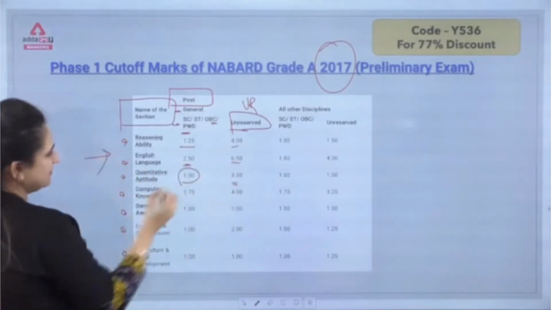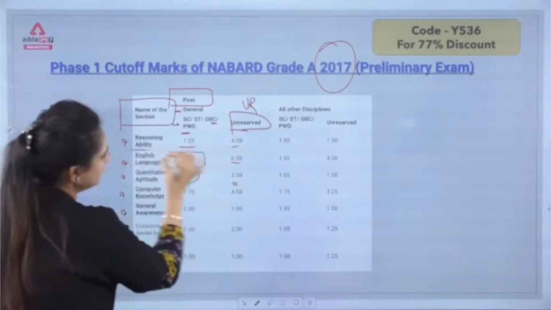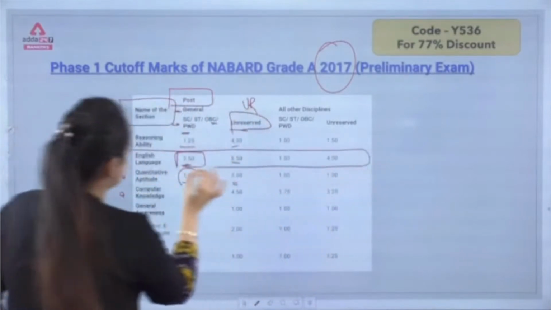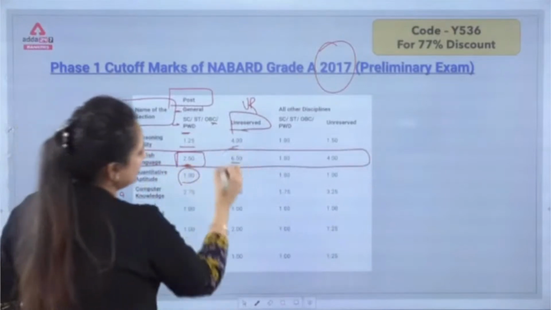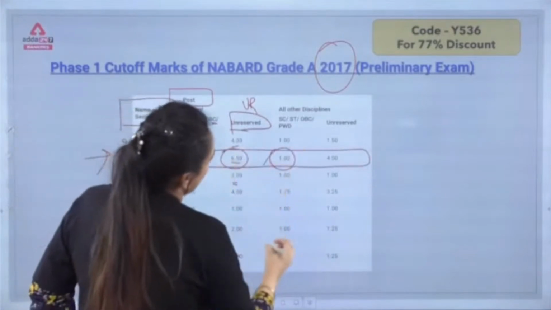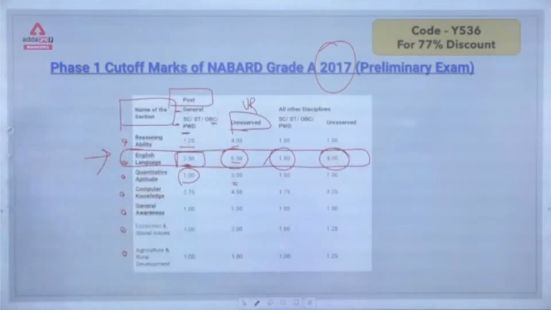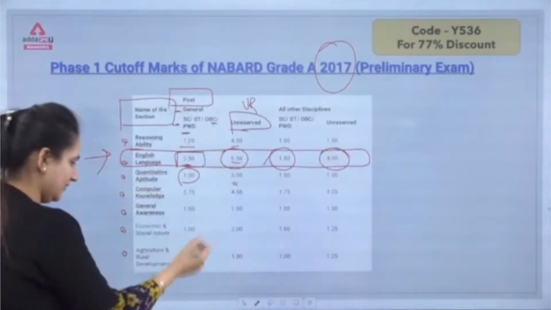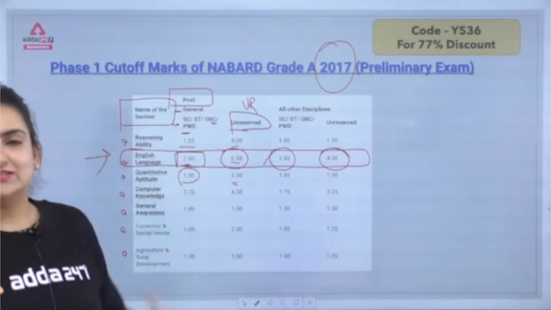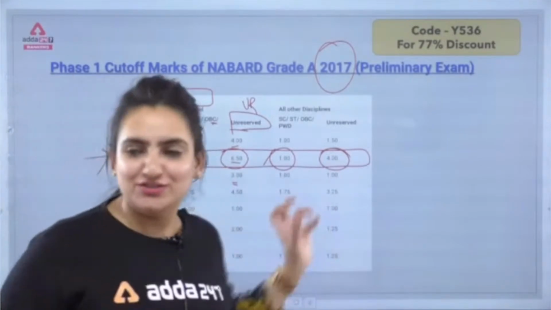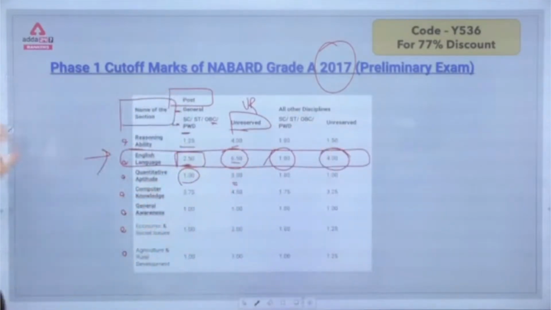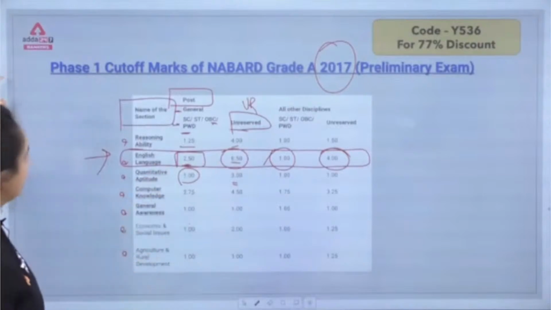So specifically for English, I am marking here 2.50 and 6.50, 1 and 4 again. Rest is described here for the other subjects, but herein we are discussing specifically about English, so I have just highlighted the English part of 2017.